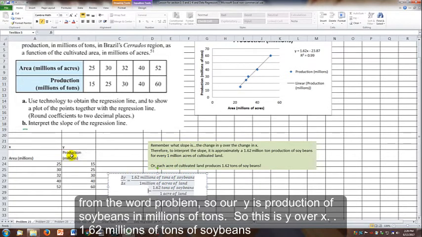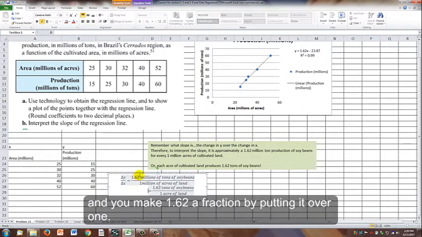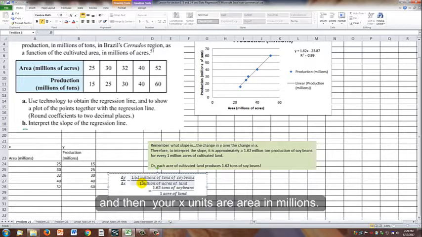So our y is production of soybeans in millions of tons. So this is y over x, 1.62 millions of tons of soybeans. And you can make 1.62 a fraction by putting it over 1. And then your x units are area in millions. So 1 million acres of land.